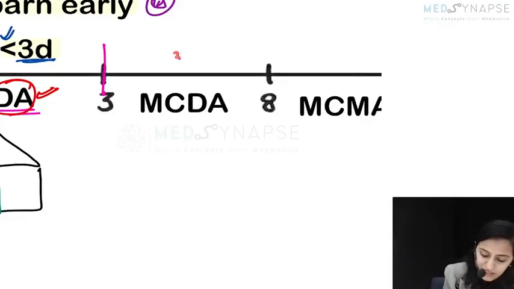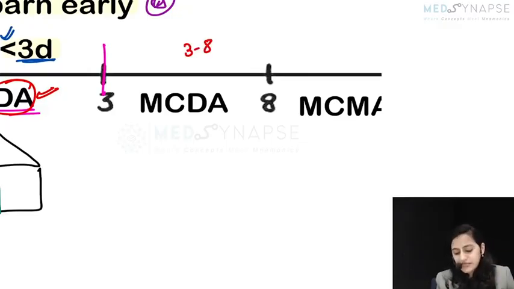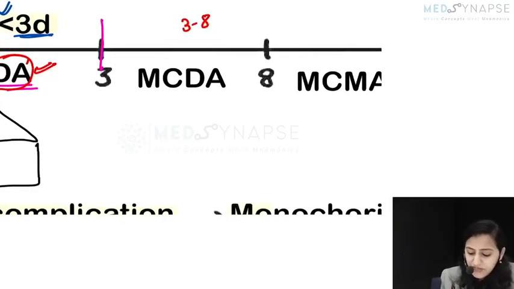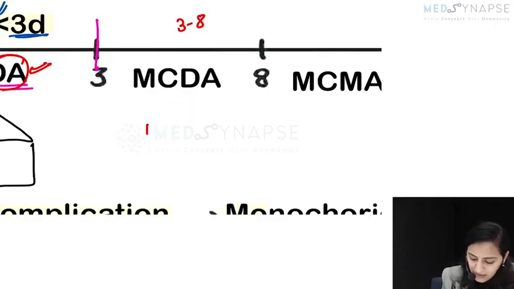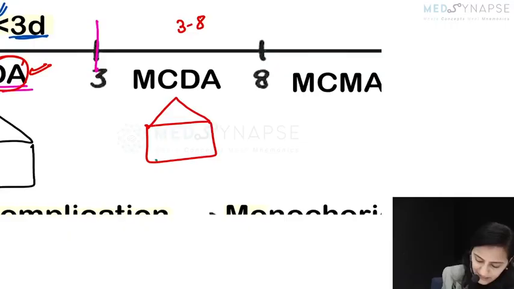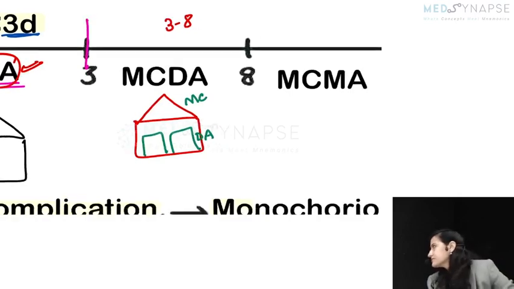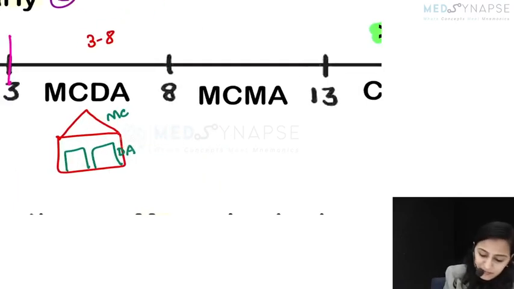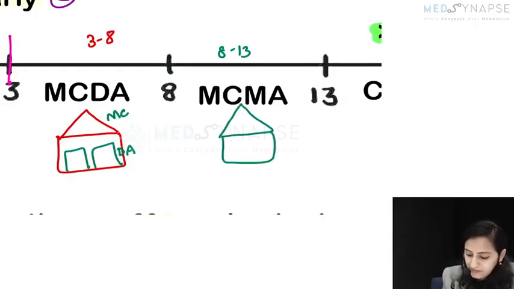When the separation is between 3 to 8 days, the closeness is increasing, right? फिर क्या होगा? They be like एक घर में रहते हैं लेकिन अलग अलग रूम में रहते हैं. So that is monochorionic, diamniotic. Or late separation 8 to 13, they are like इतना भी दूर नहीं रह सकते हम, एक ही घर में एक ही रूम में.